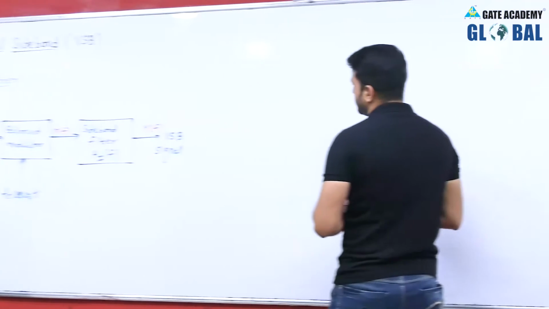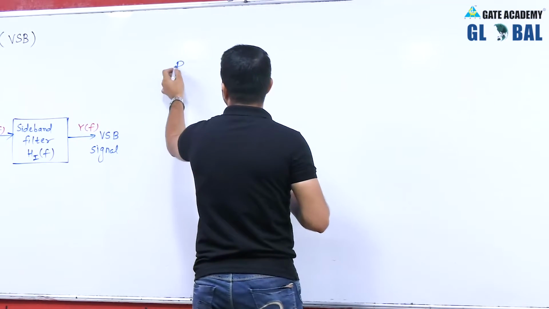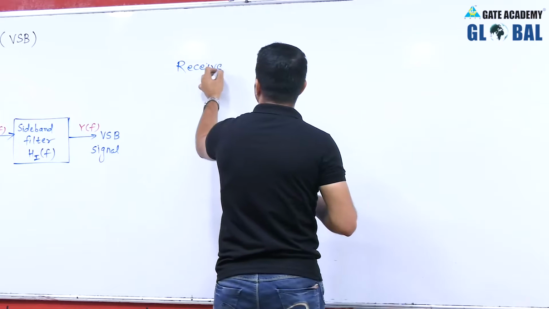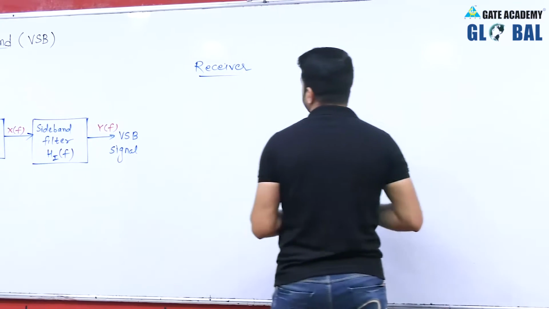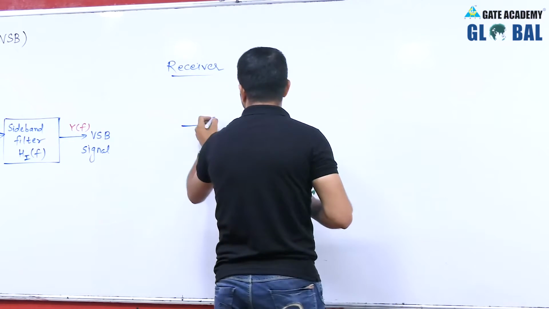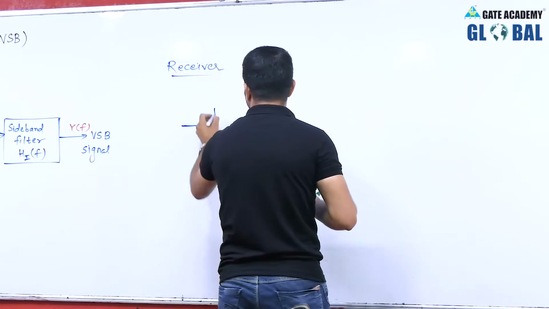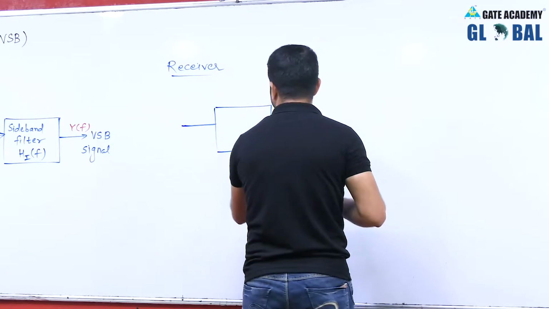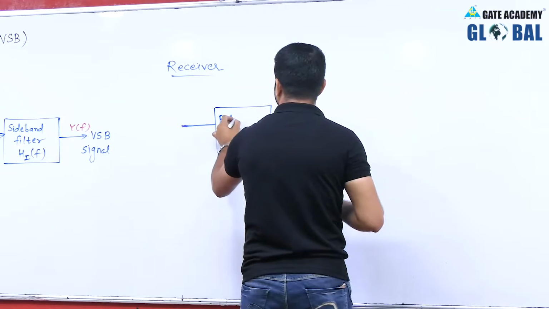This is the transmitter. Now the receiver part is, simultaneously we are drawing the receiver part. The signal is received with the help of a synchronous detector only, and the synchronous detector is a balanced modulator followed by the low pass filter.